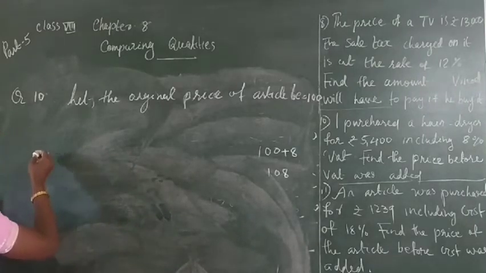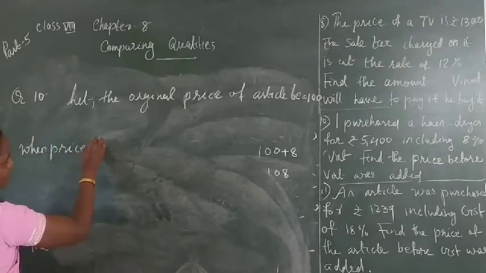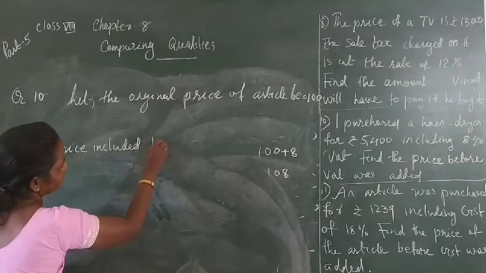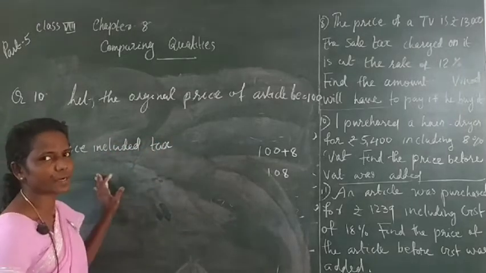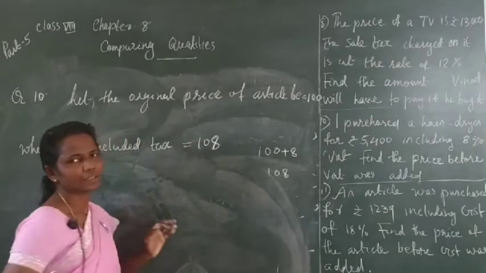Then when price included tax, what is the price included tax? 108 rupees.